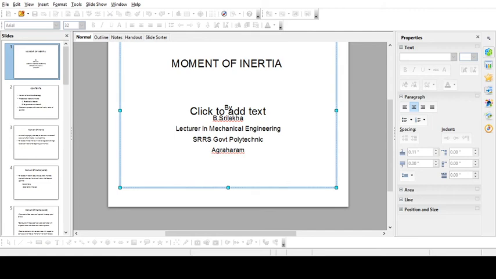Next, moment of inertia. It is required for bending of the beams, and centroid and center of gravity are required for equilibrium of the bodies.